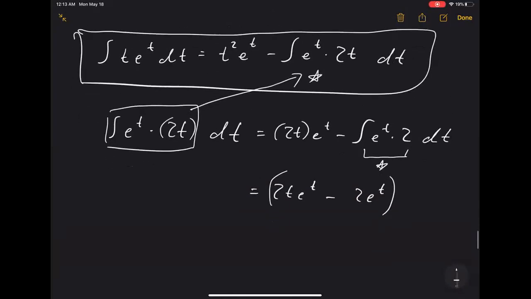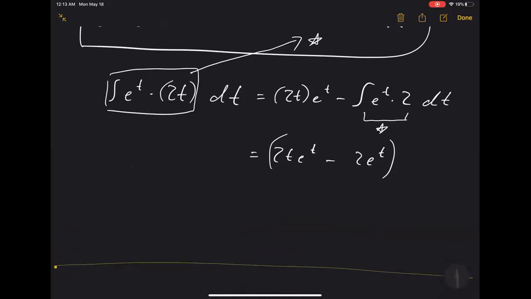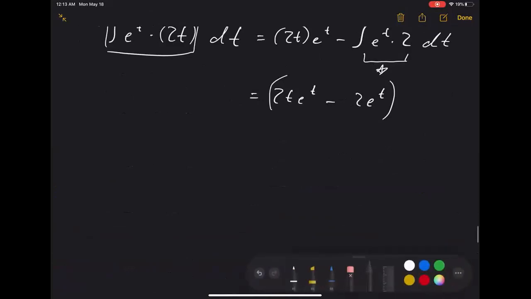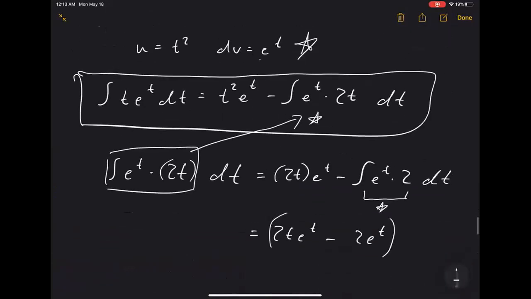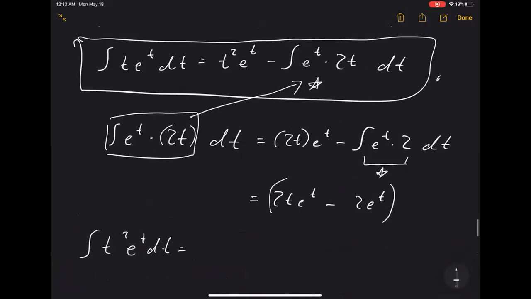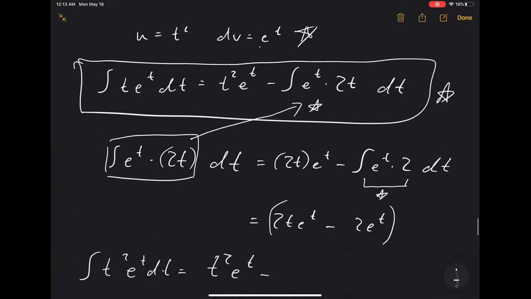So now let's plug everything we have in. So again, remember my original problem was this, integral of t squared e to the t dt. In our first box, this box up here, we said, okay, that's equal to t squared e to the t minus this integral.